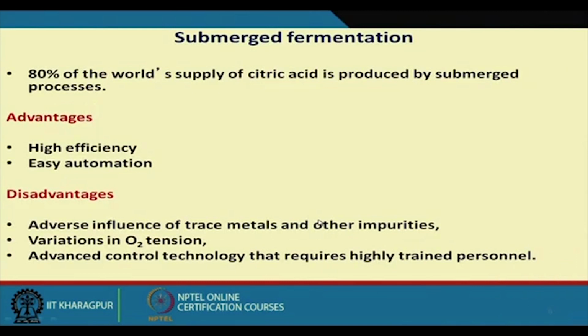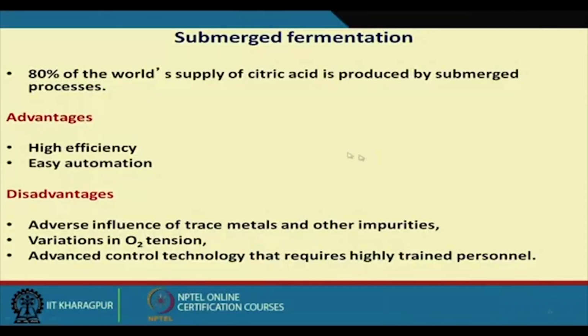Now let me give you more information on the submerged fermentation process, which is largely in operation in the industry. And I work with Citric Biochemicals. We use the submerged fermentation process for the production of citric acid. 80% of the world's supply of citric acid is produced by the submerged fermentation process.